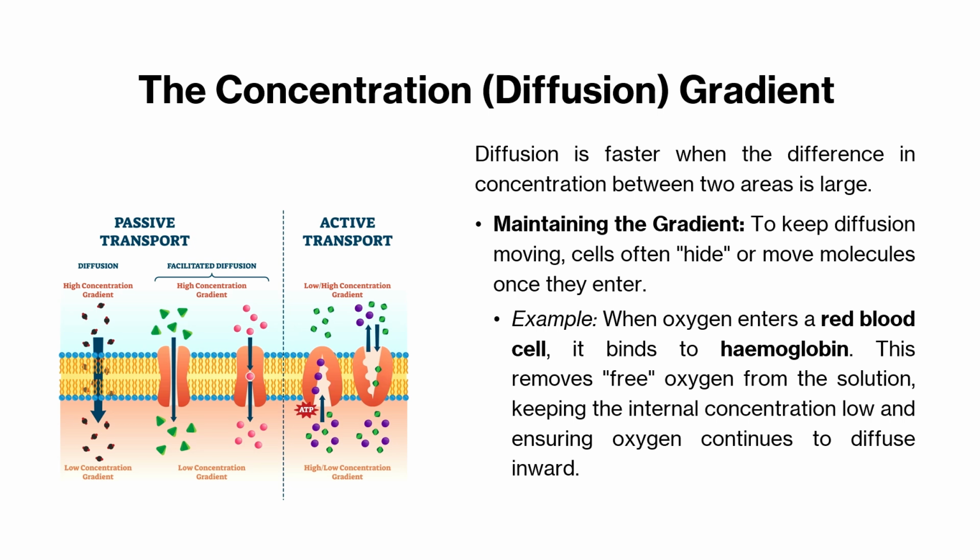This keeps the internal concentration of free oxygen very low, making sure more oxygen from your lungs keeps rushing in. It is like a store that hides its stock in the back room, so the shelves always look empty. It encourages more deliveries to keep coming in. So your cells are master strategists at keeping the traffic moving.